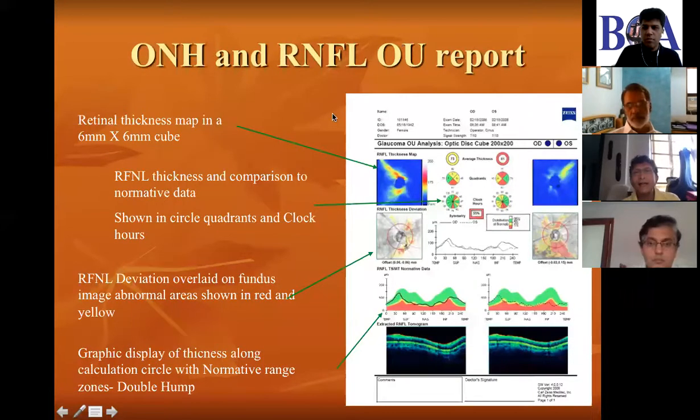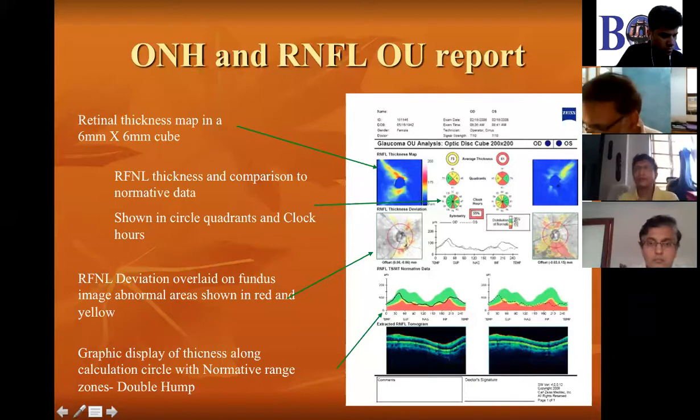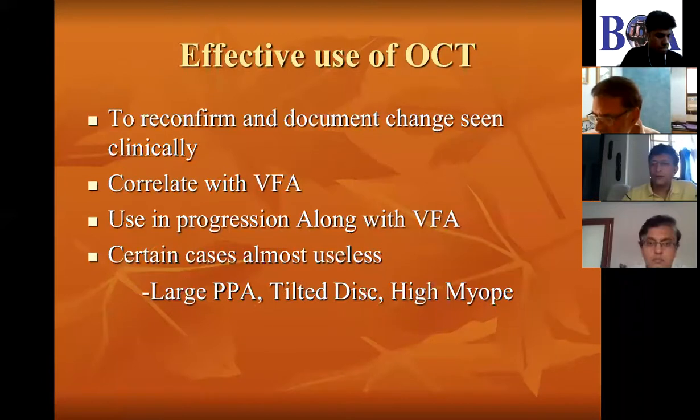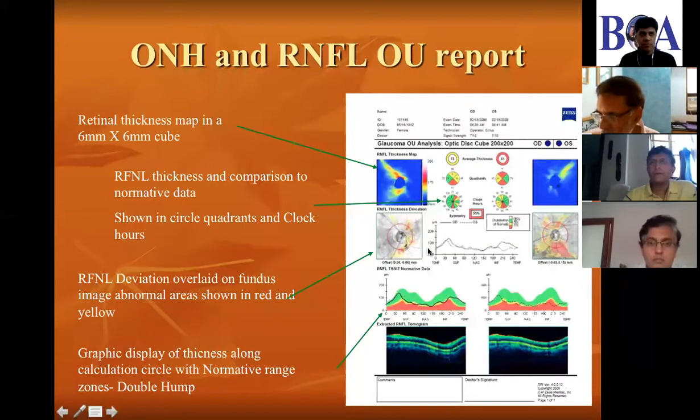Having said that, OCT is very useful in evaluating the defect you see on your clinical examination. You come to know the depth of the defect and you can document it and use it for follow-up. So it is definitely a useful test, and we know the layouts very well, so I'm not going into details, but one important thing I want to point out is the segmentation down here.